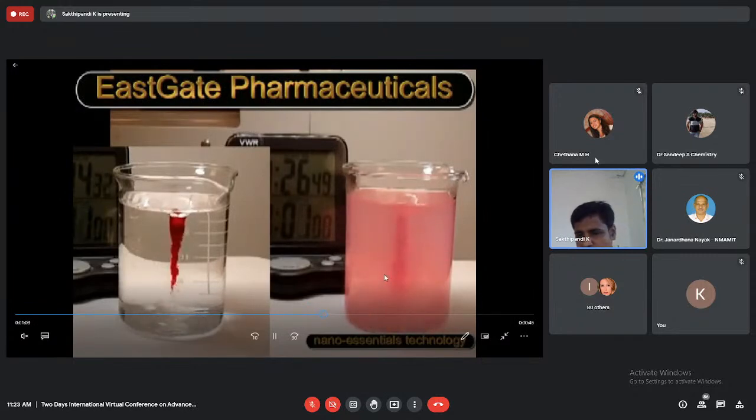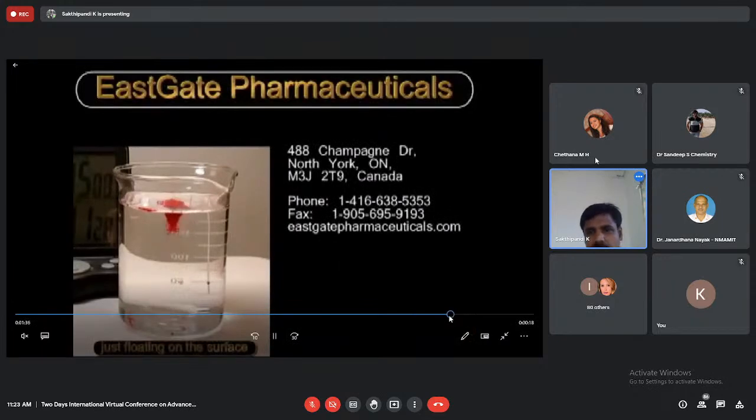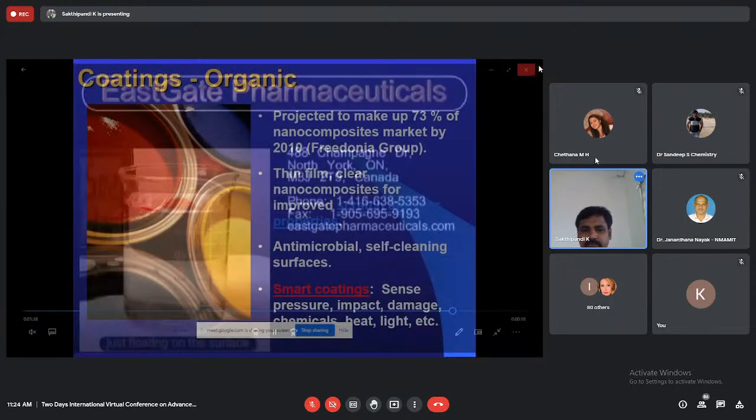In the nano emulsion, you will get a uniform distribution of color. For example, the bulk won't be uniformly distributed. Even after a longer time, it won't take on a uniform color.